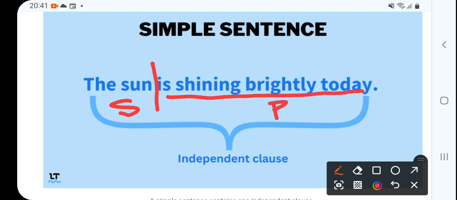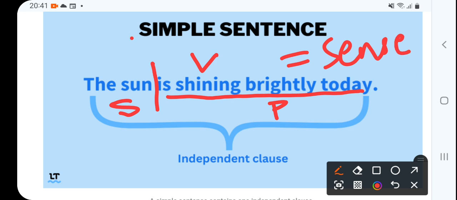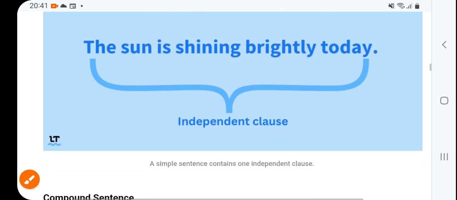Why simple? Because apart from the verb, the sentence makes a full, complete thought, and that is why this is called a simple sentence. And it ends with a full stop. That is an independent clause, not dependent on another. That is a simple sentence.